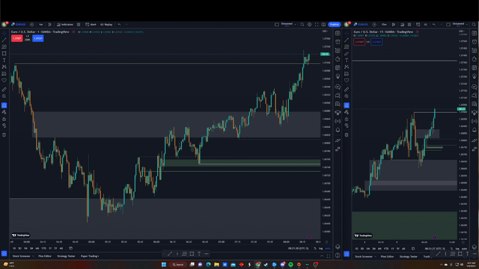When you go back into the charts and you backtest, or you study the range of the day before, it's really hard to ignore the distribution after the setup.